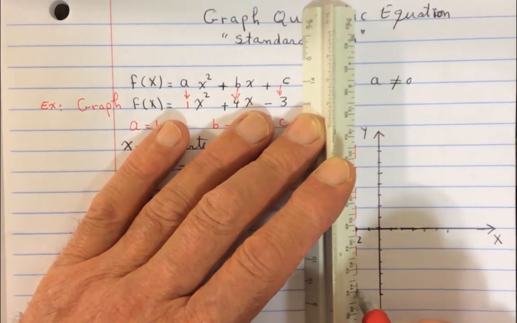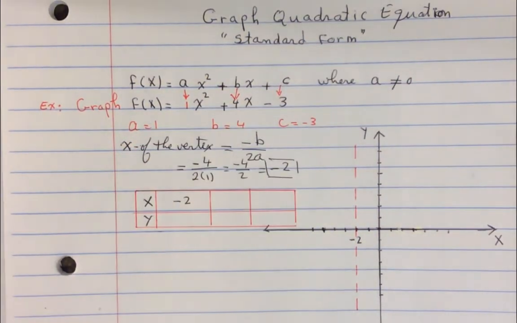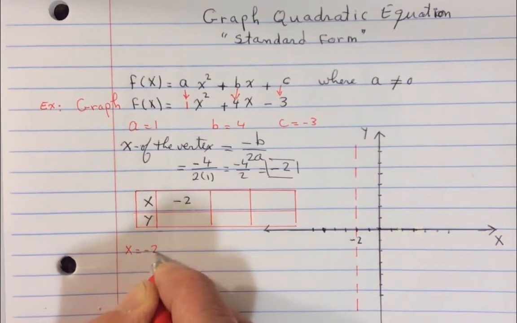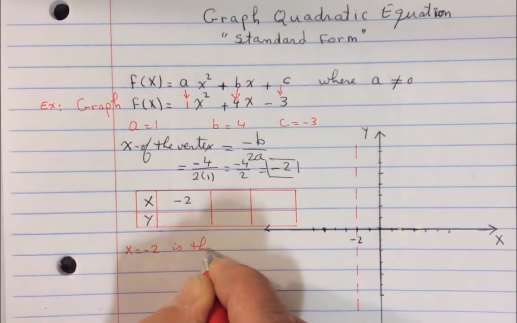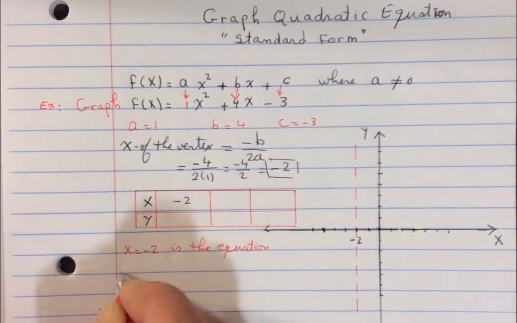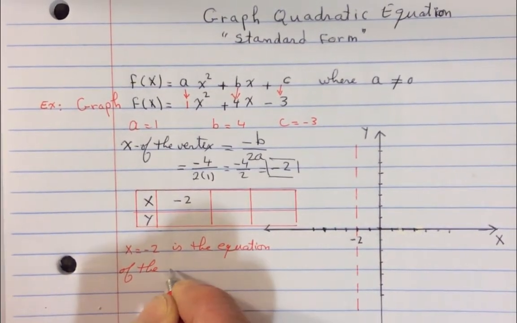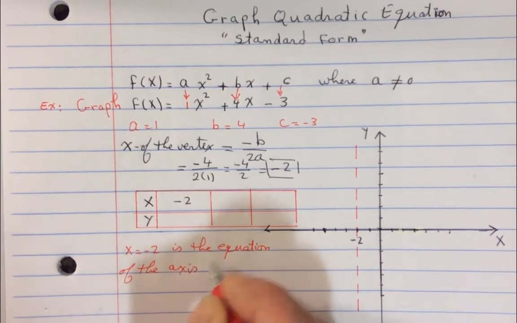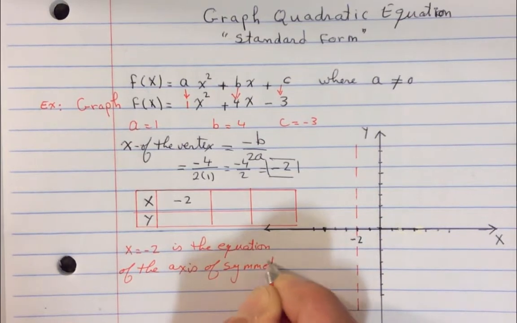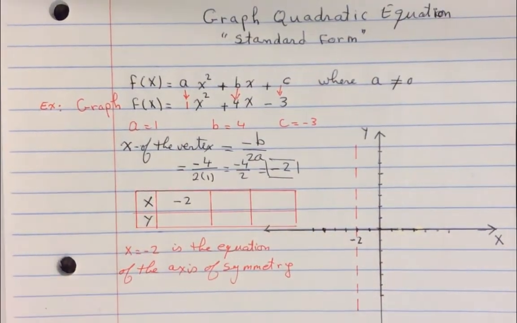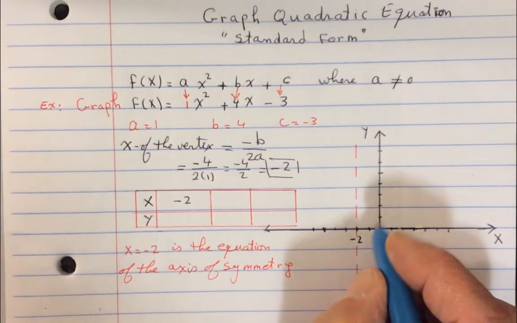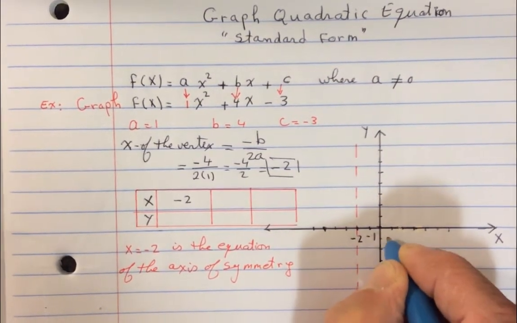So x equals negative 2 is the equation of the axis of symmetry. Then we pick 2 more points to the right of negative 2, as we did before: negative 1 and 0.